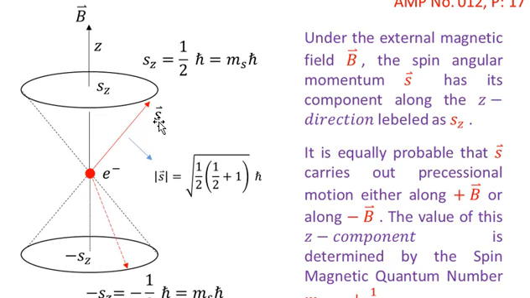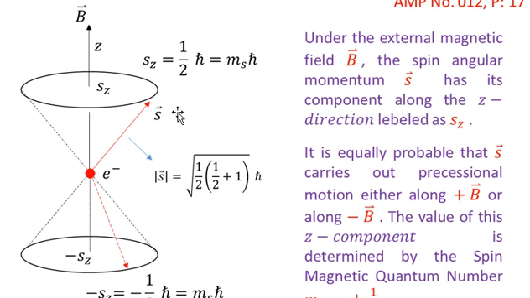The magnitude of S will remain fixed, and the angle that the vector S makes with the direction of the magnetic field will also remain fixed, while the S vector's tip carries out the precessional motion about the magnetic field B. And the component of vector S along the B direction, which is the only measurable component, is the Sz component. So Sz is actually the projection of the vector S on the z-axis, or in the direction of the B magnetic field.